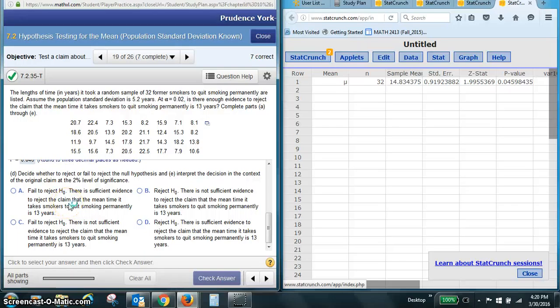But the claim is H sub O, so you don't have any evidence to reject that claim. So fail to reject H sub O. There is not sufficient evidence to reject the claim. Since the claim was H sub O and we fail to reject H sub O, then there's not sufficient evidence to reject the claim. So that would be our answer C.